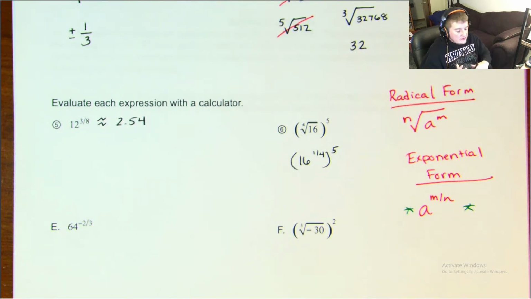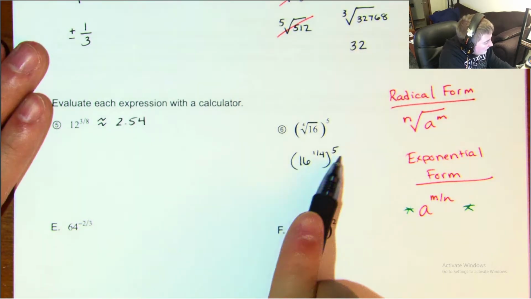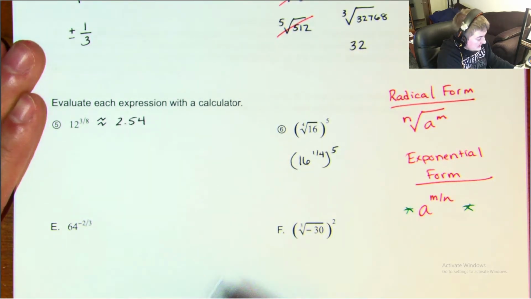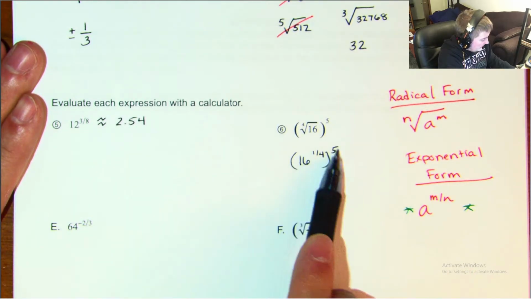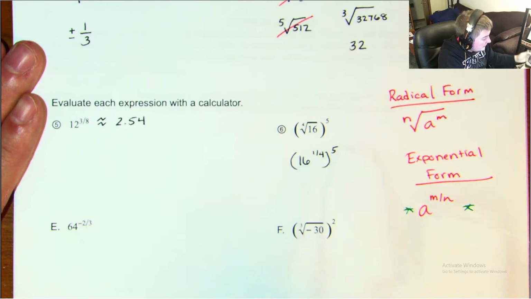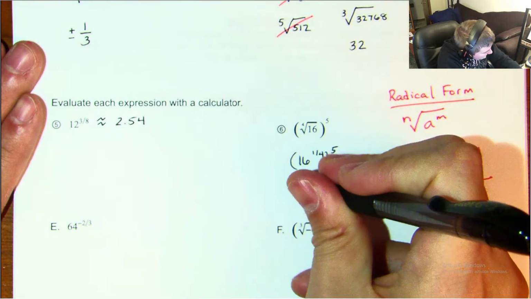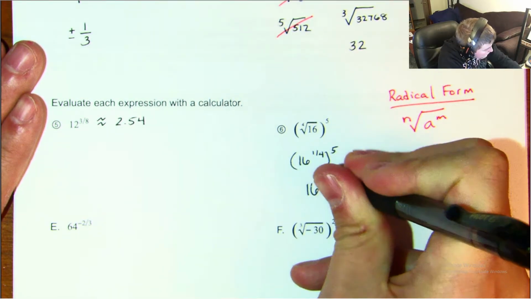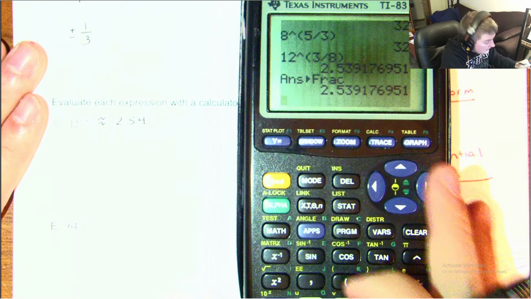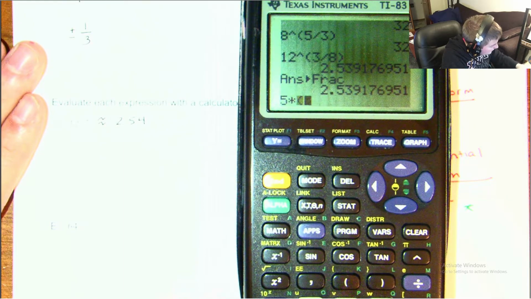With exponential properties, if I have a power raised to a power, I need to multiply. It ends up being 5/4. Let's say you do not know how to do that. The calculator can multiply fractions for you. So we would go 5 times 1/4.